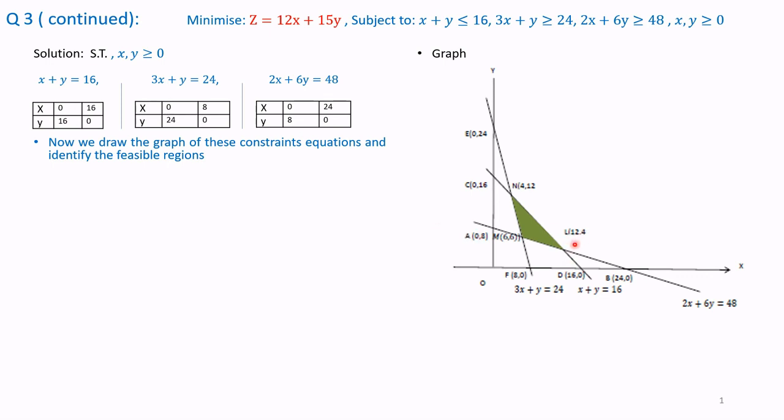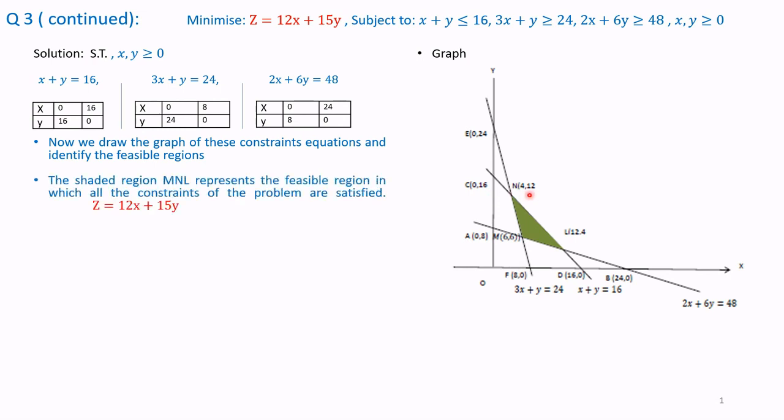This you will measure as 12 on the x-axis and 4 on the y-axis, and M is 6 and 6. So it will be 6 on the x-axis and y also 6, and N will be 4 on the x-axis and 12 on the y-axis.